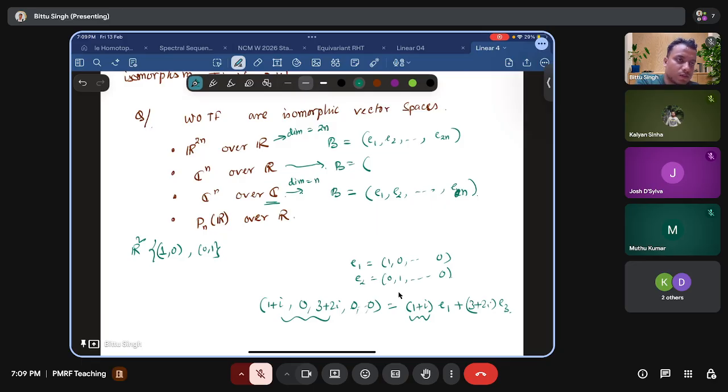Let us simplify this problem. What will be a basis for C over the real numbers?